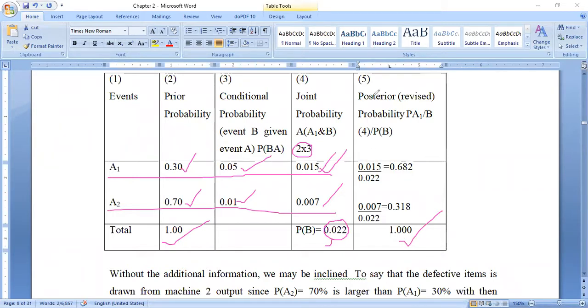Okay, then after completion of this one, what we have to do, simply we need to write a small piece of information. Okay, you see this information.